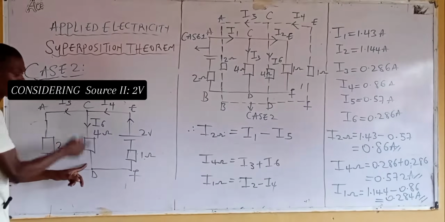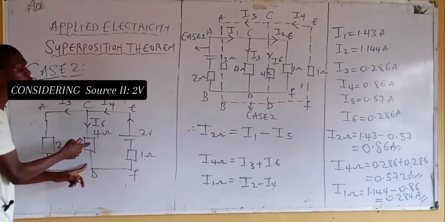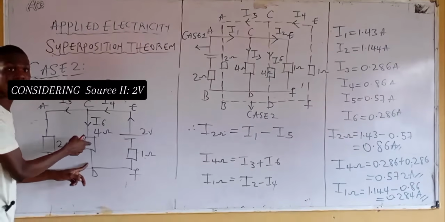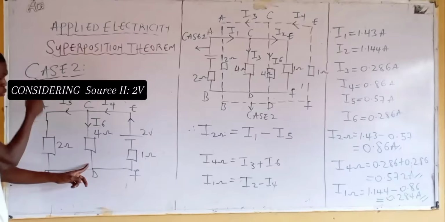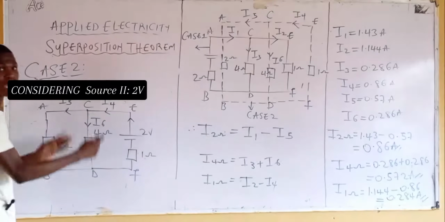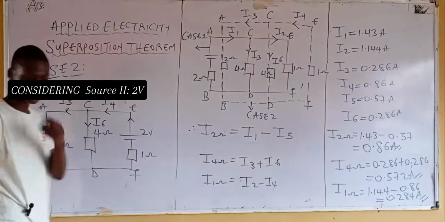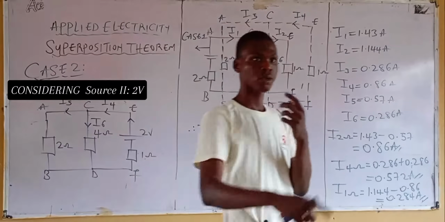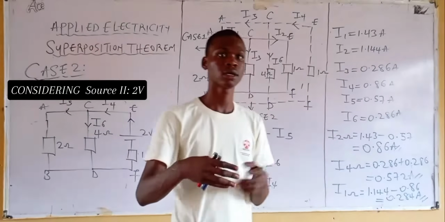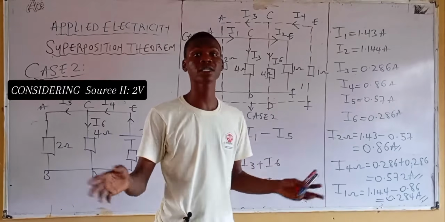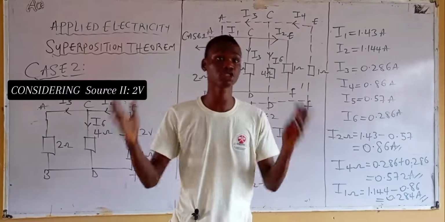Now, if the resistor and voltage is here, you already know that you don't have business with that resistor. Your interest should be the one here and the one here. Meaning, by solving in parallel, you are using this one, then you bring it together. But I have a similar example like that. Probably we can solve something like that. Right. So far, this is how you solve for superposition theorem.